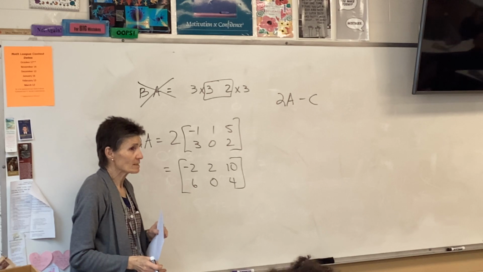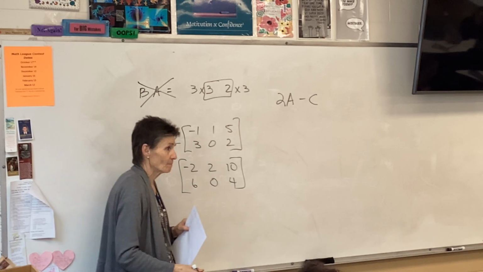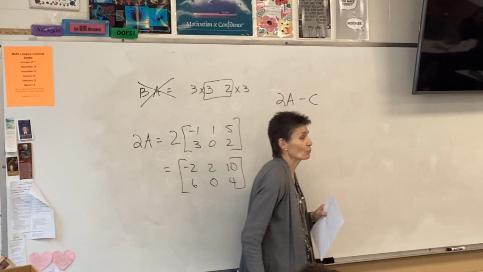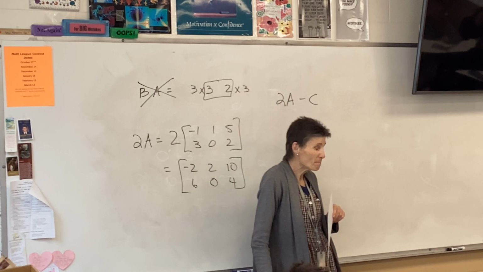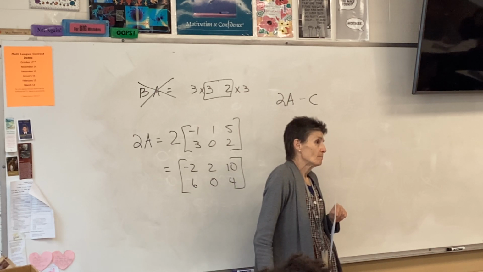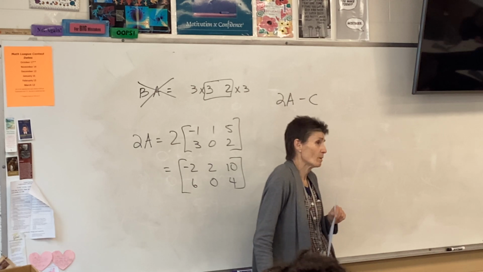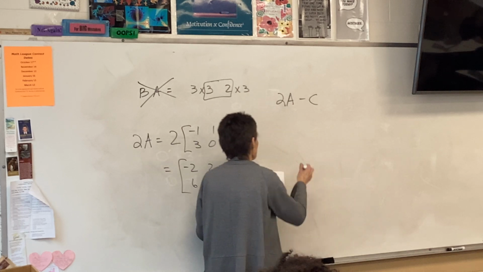How do I add and subtract? Same size, same dimensions. Again, no answer. This is going to happen on your quiz, guys. You're going to get problems that have no solution. Don't try to make something happen. There are rules, and if it doesn't follow the rules, then you know what? There's no answer.